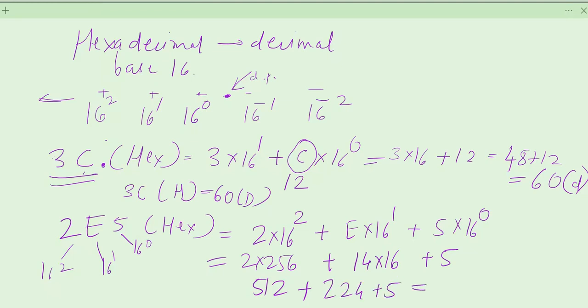So add this, plus 5 plus 512. So the number comes out to be 741 in decimal. So 2E5 in hex is equivalent to 741 in decimal. So this is the conversion from hexadecimal to decimal.